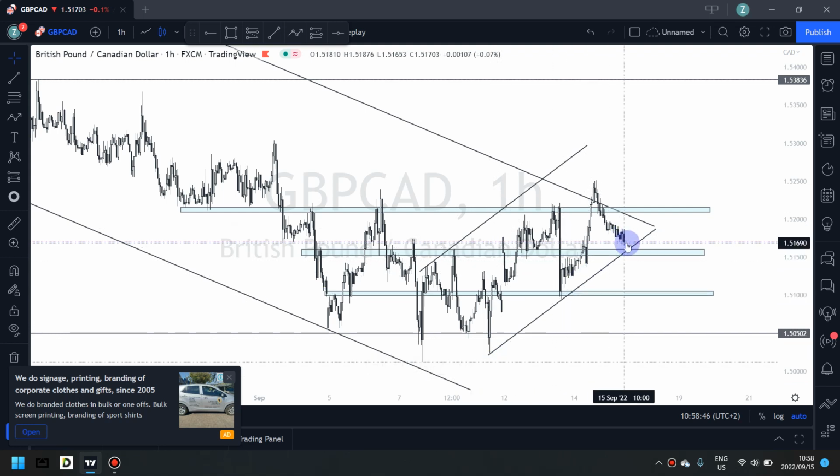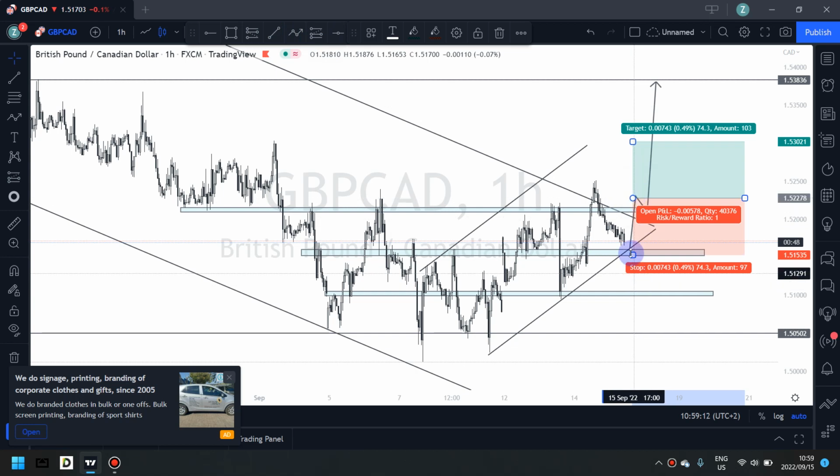Should the market give me a third touch on my zone, and should I expect a breakout and a retest, and should the market retest my zone, then that's where I can have my entry. Possibly a buy stop, with my stop loss just below the zone right here.